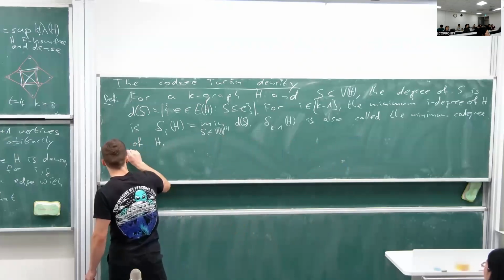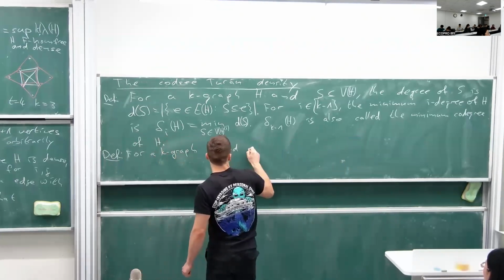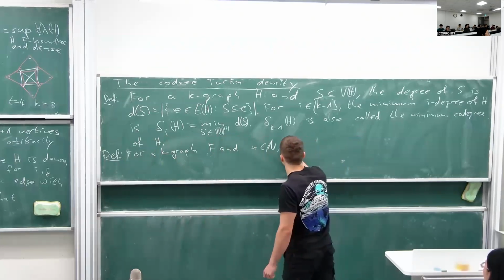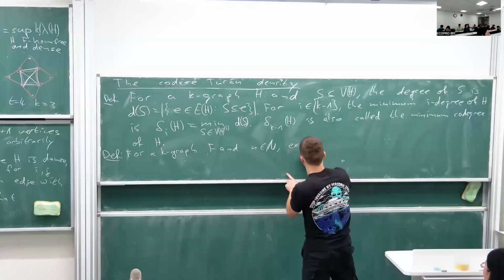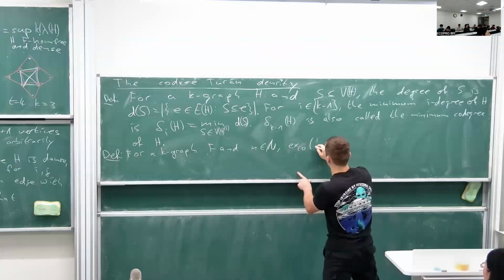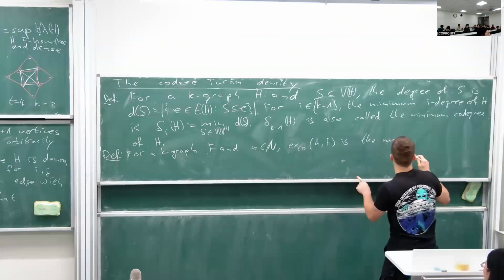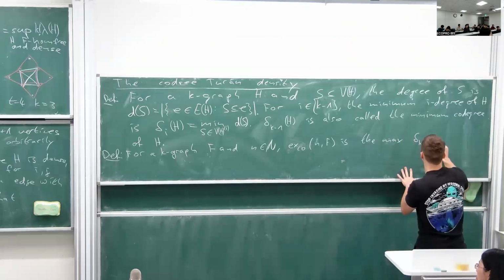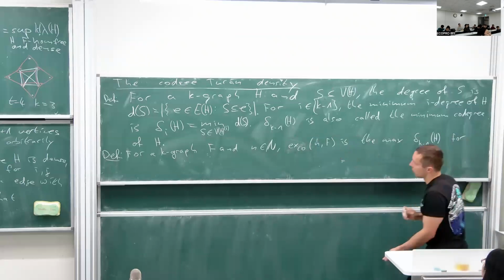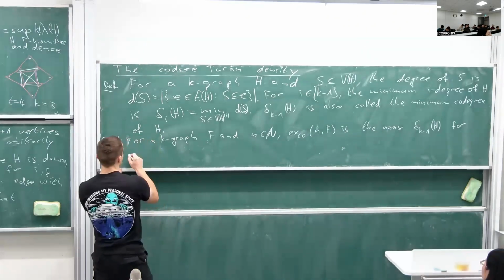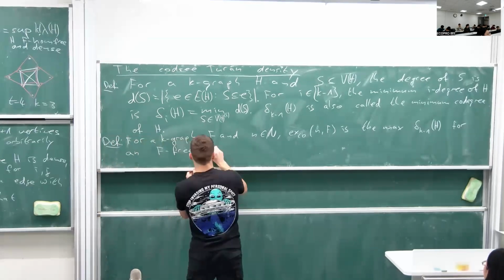So for a k-graph F, the extremal codegree number of F is the maximum delta_{k-1}(H) over all F-free k-graphs H on n vertices.